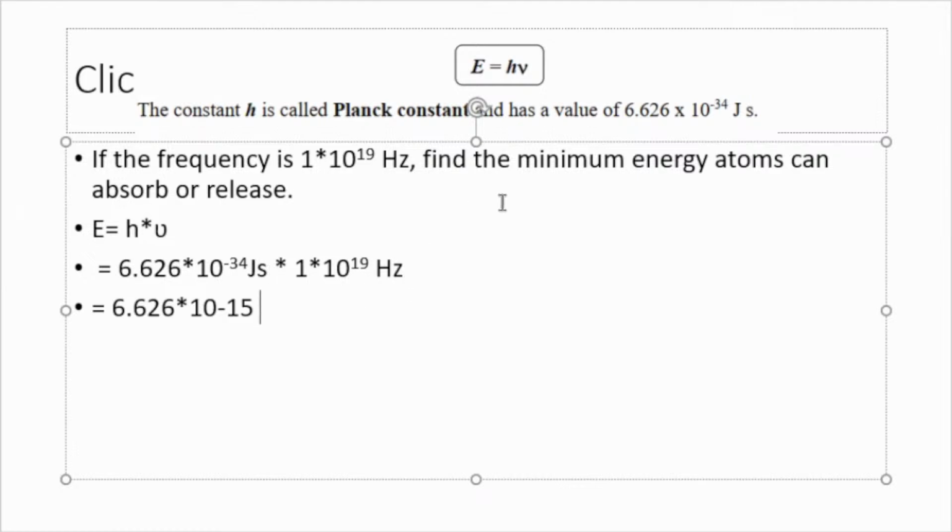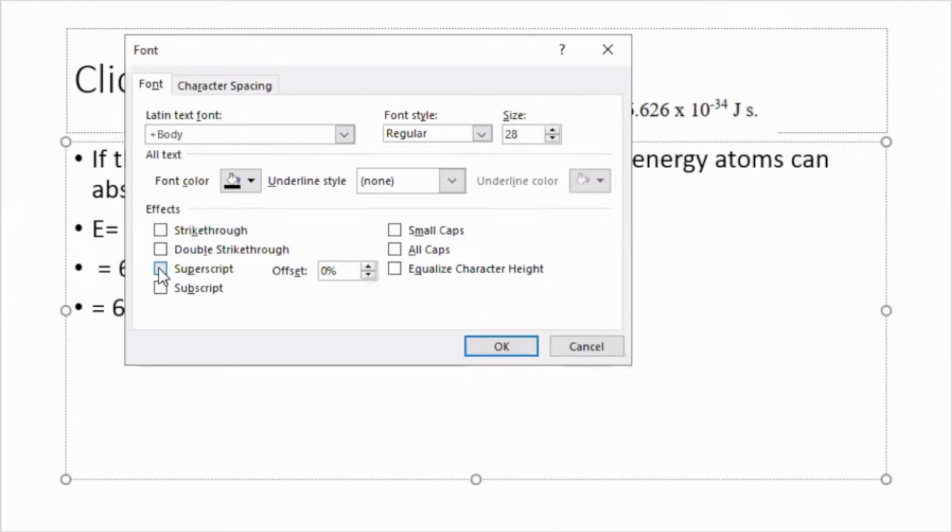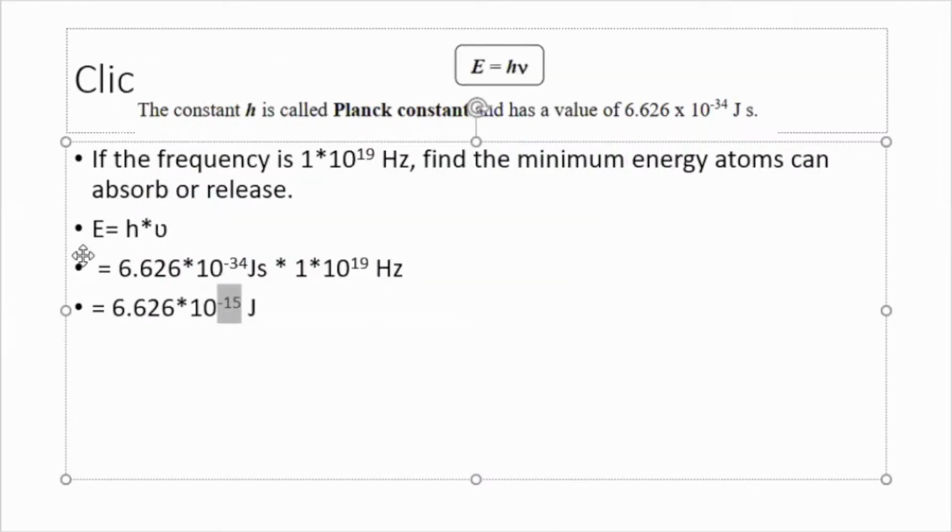Hertz means per second, then the seconds will be cut by per second. So the final answer is given in joules. It is the unit of energy. Did you get it, guys? That is how we do the equations.